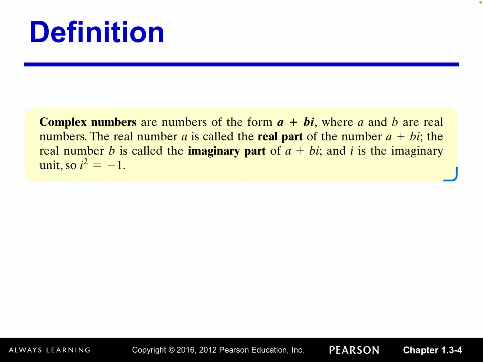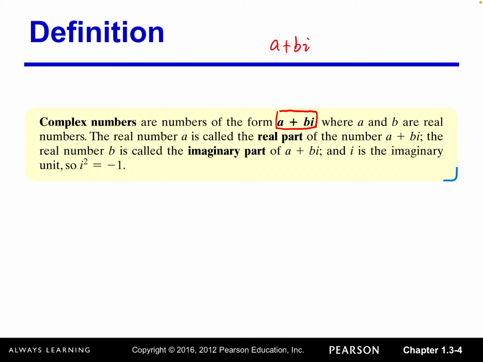So what is a complex number? After we have the definition i squared equals negative 1, we can base on that to define our complex number system. Complex numbers are numbers in the form a plus bi. That's a complex number. What are a and b? a and b are real numbers.